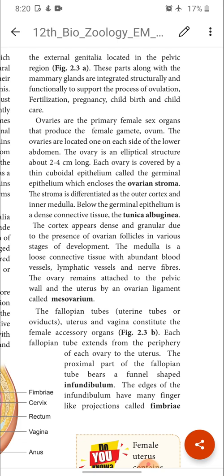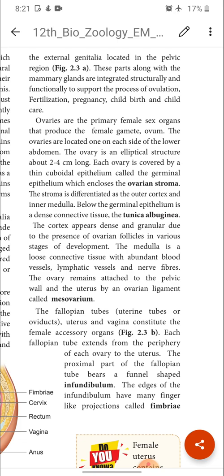Children, every 28 day cycle one ovarian follicle ruptures and releases the egg. In that way many ovarian follicles at various stages of maturation can be seen in the ovaries, located in the cortex region.